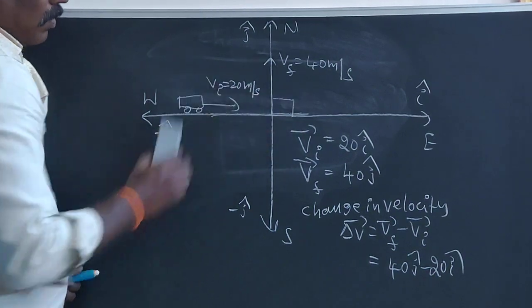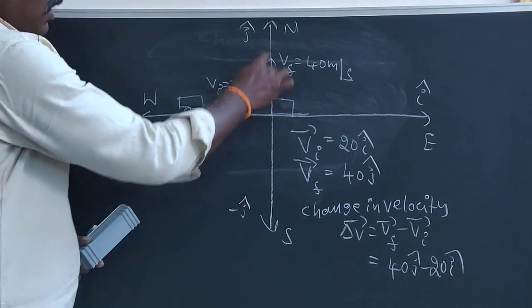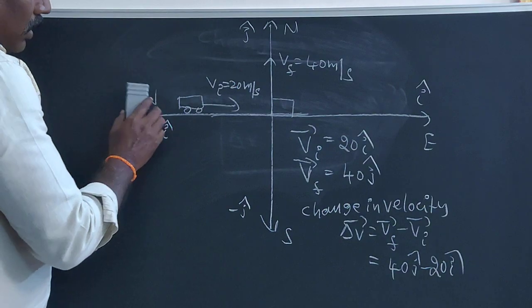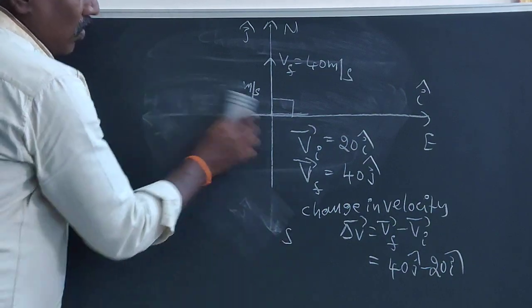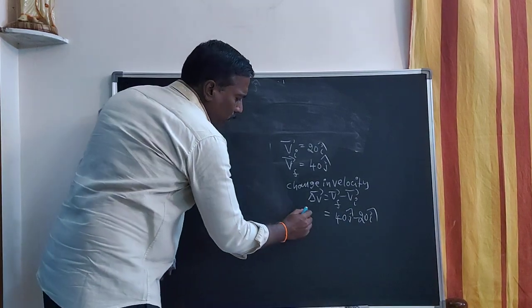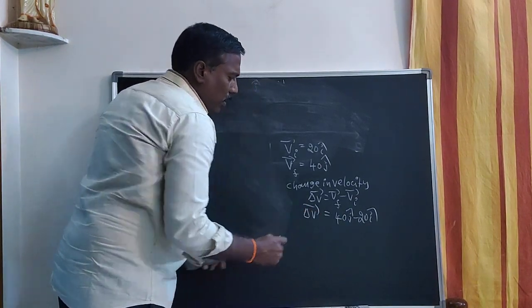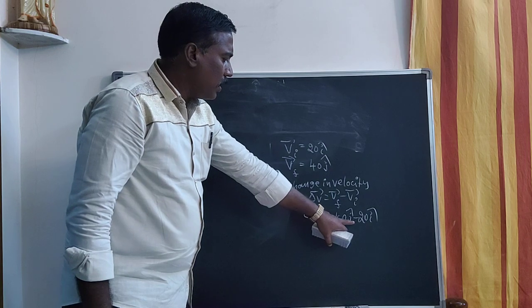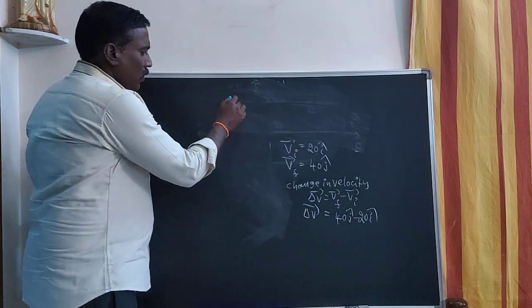Initially the car is moving along east, finally it moves along the north. So the change in velocity delta V bar is equal to 40 j cap minus 20 I cap.